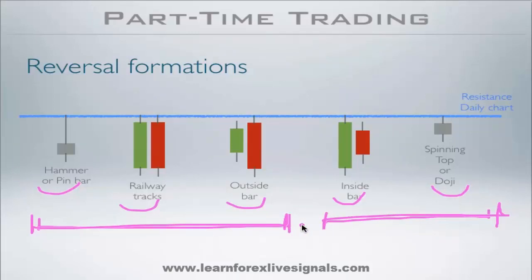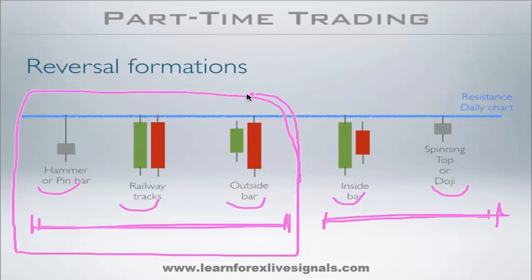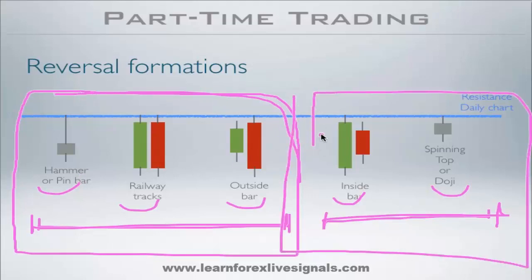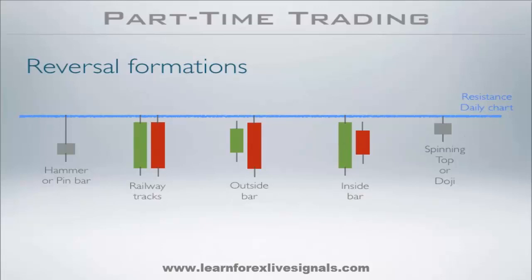If you trade them correctly, they are all profitable, but the quality of the signals, and therefore the win-loss ratio in the long run, is going to be a little bit higher with the first 3. I'm going to go through all of them, and then you decide whether you want to go for the conservative route and just trade the first 3, or the aggressive route and simply trade them all.